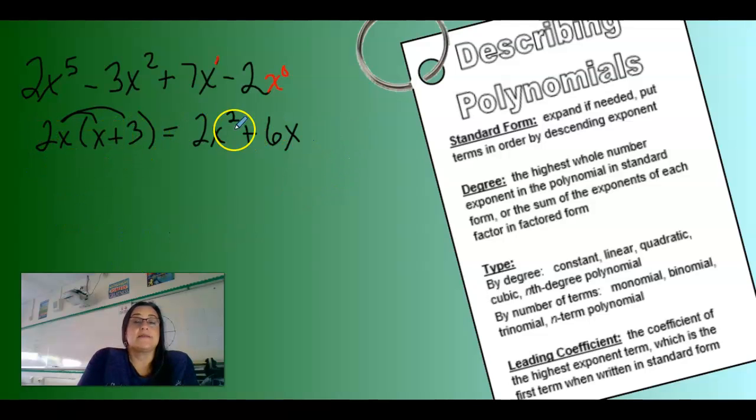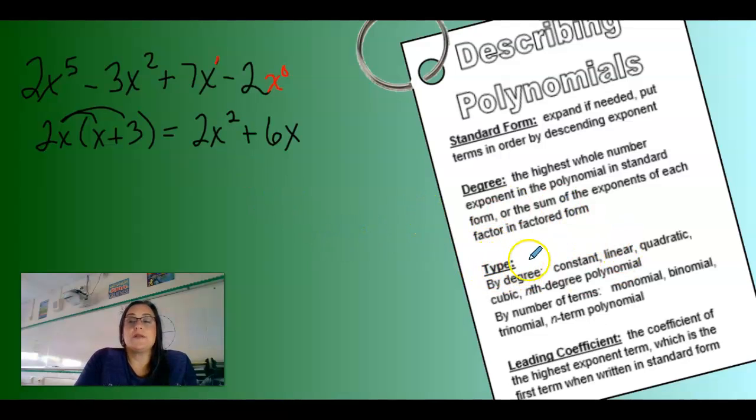If I look at its standard form after I distribute, I can see my degree is my highest exponent term, which is 2. So you can either add the exponents from each factor, or if it's in standard form, look at your highest term's exponent in order to see your degree.